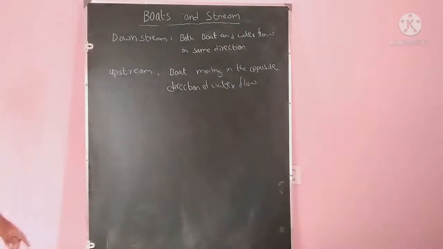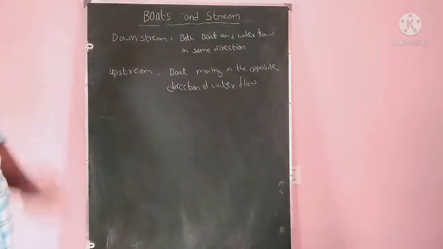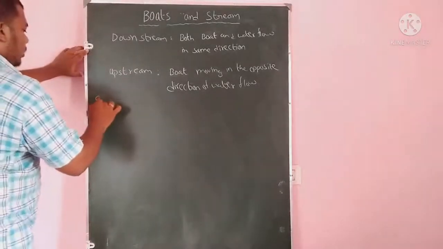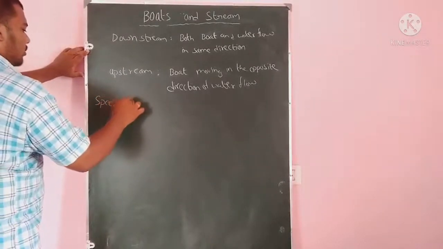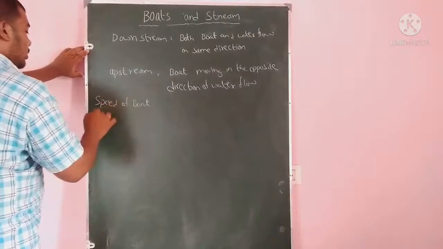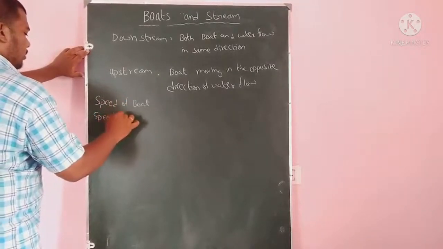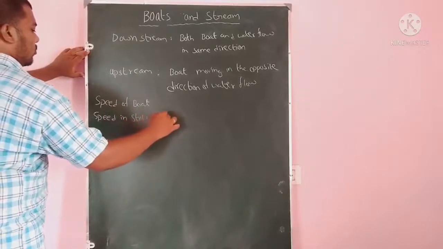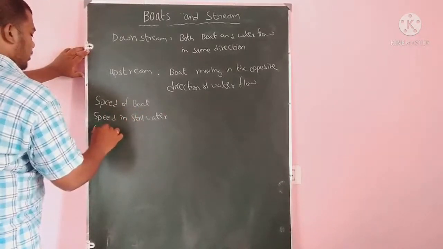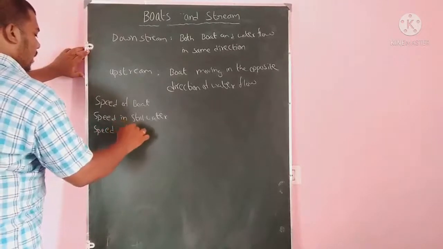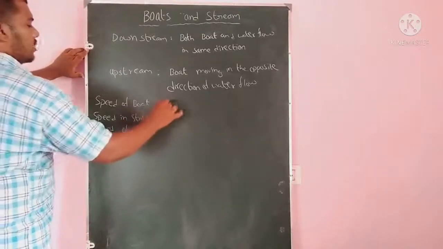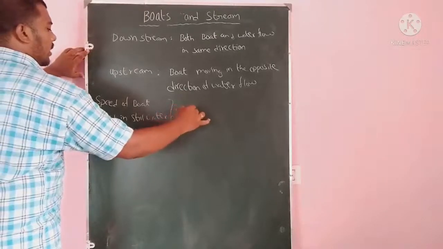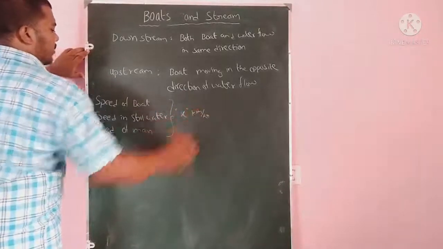Here two things we need to consider. One is the boat, another one is the stream or water. The speed of boat, or speed in still water, or speed of man, these all represent only one thing, that is nothing but boat speed. Usually let it be x kilometers per hour.